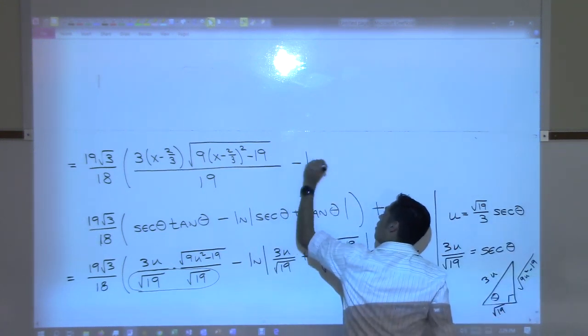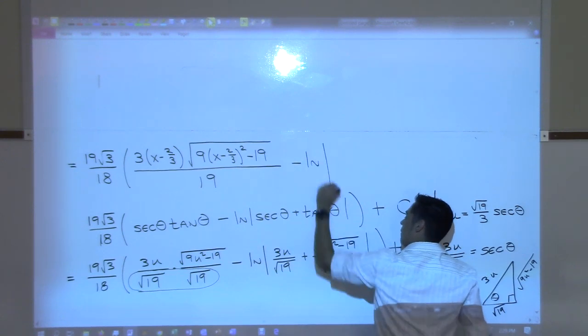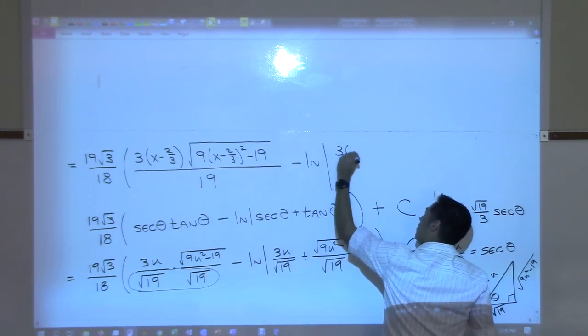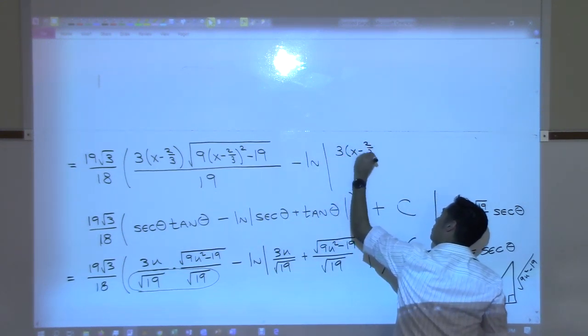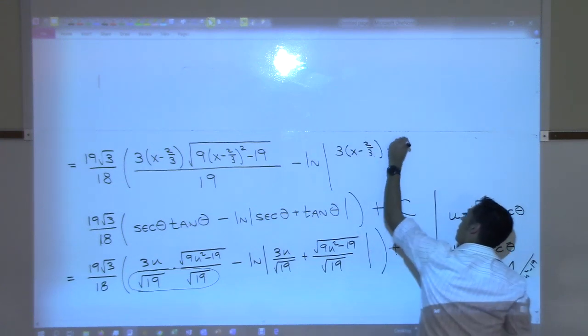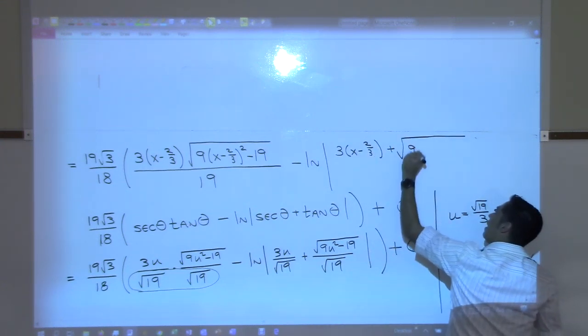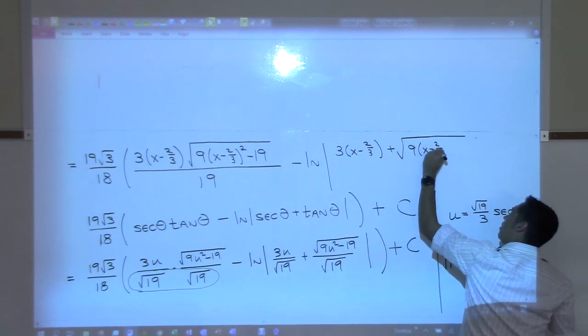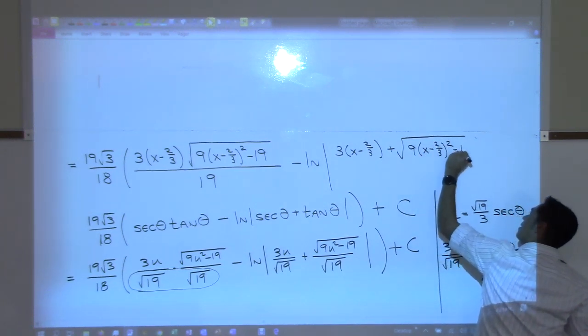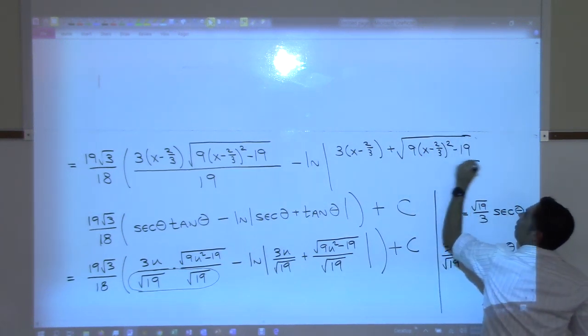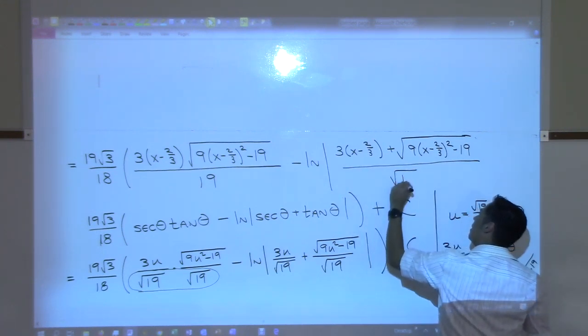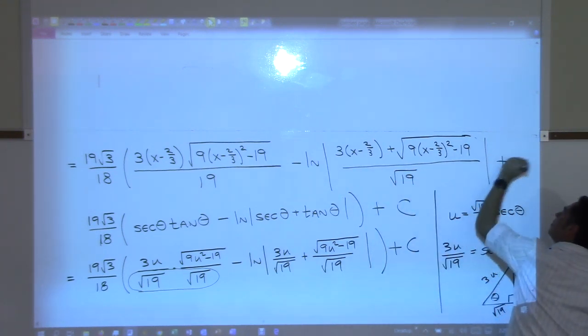Minus the natural log of 3 times x minus 2/3 plus the square root of 9 times x minus 2/3 squared minus 19, all of that over root 19, plus c.